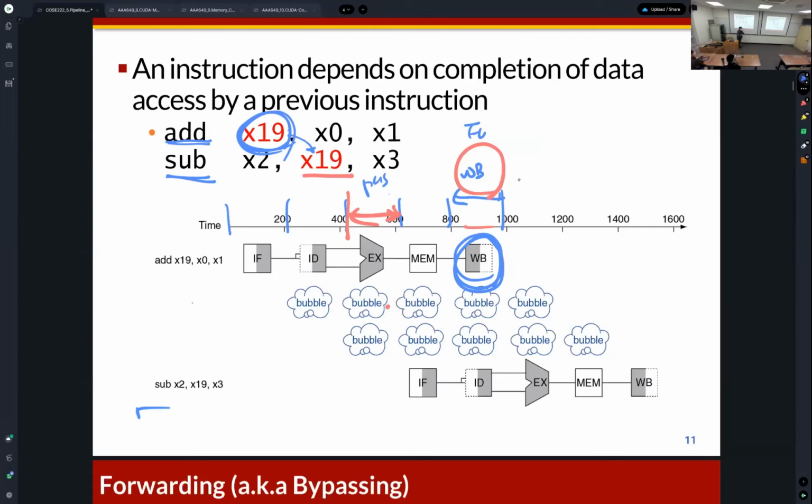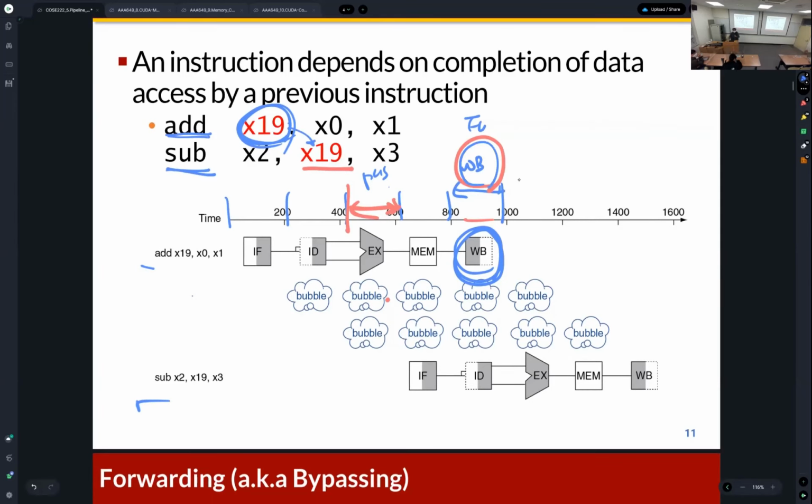So in a single cycle processor, this problem does not happen, right? Because during one clock period, the former instruction completes write back to the register file. Then the next instruction can read this written back data from the register file, right? But in a pipeline architecture, the write back is the last step, the last stage.